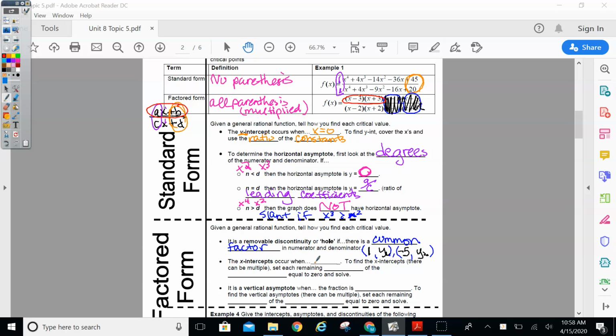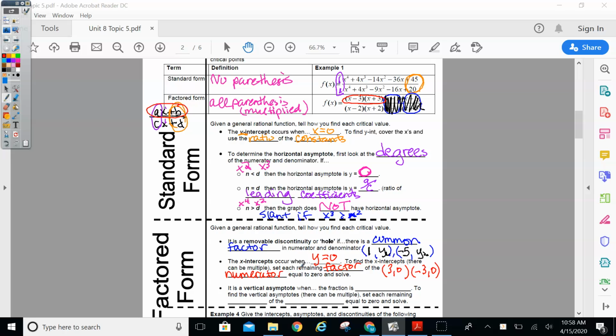The x-intercepts occur when y is 0. In order for a fraction to be 0, you set the remaining factors of the numerator and solve for x. So like right here, here's a factor. That means this x-intercept is at +3, 0. Here's a factor. That means the other x-intercept is at -3, 0.